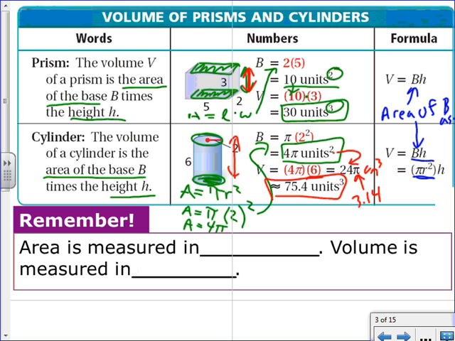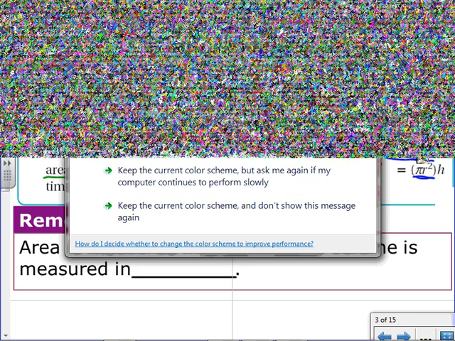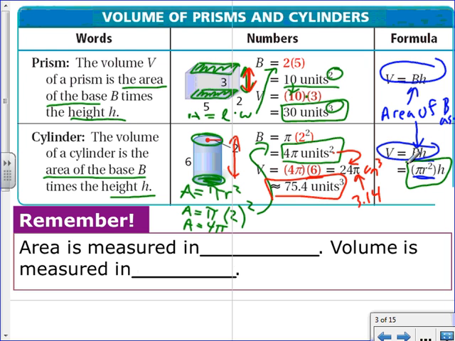So we'll just do pi r squared times h. I think it is easier to remember the formula volume equals base times height, but however you prefer to remember it is fine. Whether you want to memorize that the volume for the cylinder is pi r squared h, or whether you want to remember base times height is up to you.